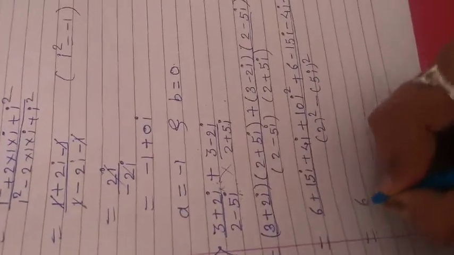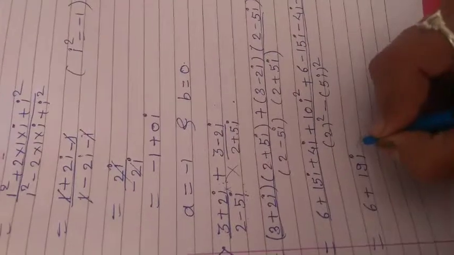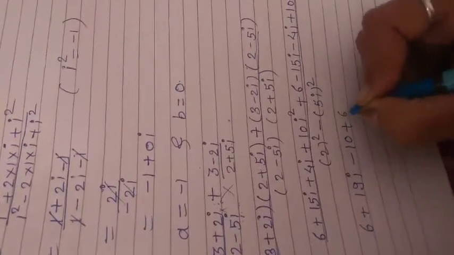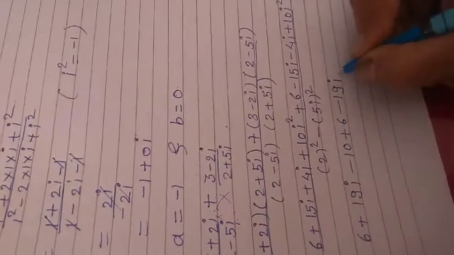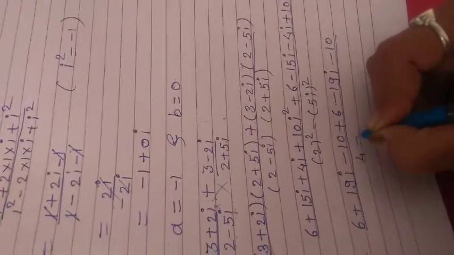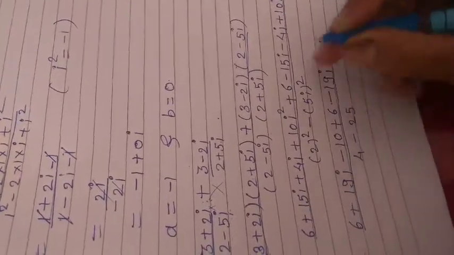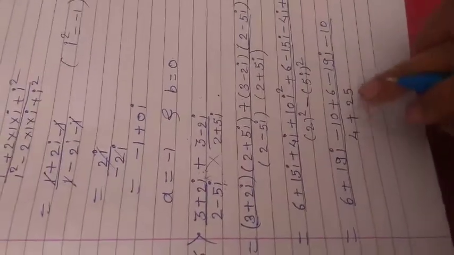So now this is 6 plus 15 plus 4, 19i. i squared is minus 1, so minus 10 plus 6. Now this is minus 19i, and this is again minus 10. The whole divided by 4 minus 25. i squared is minus 1, so this is plus, so this is 29.